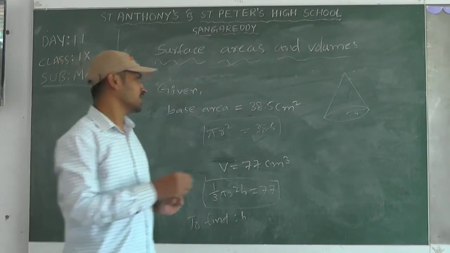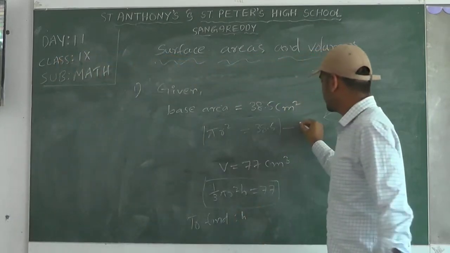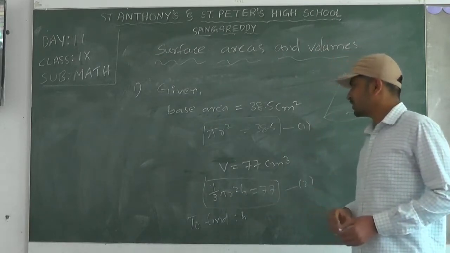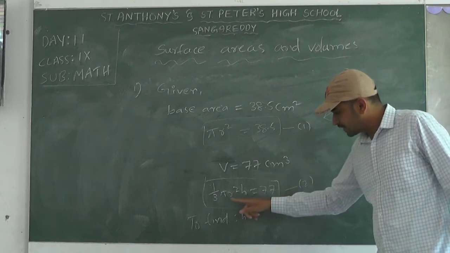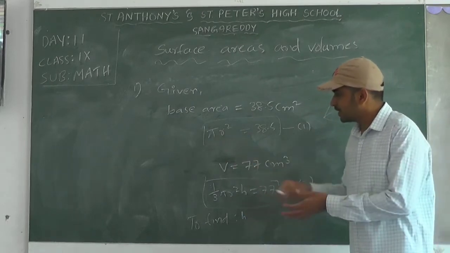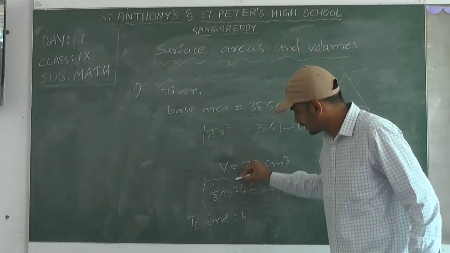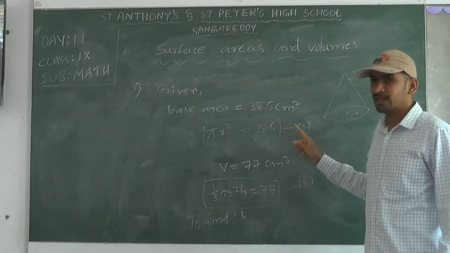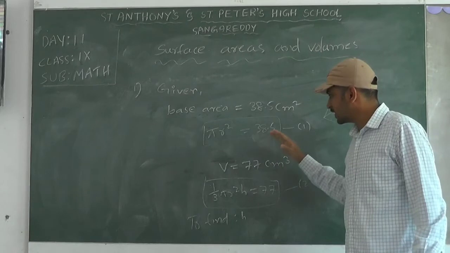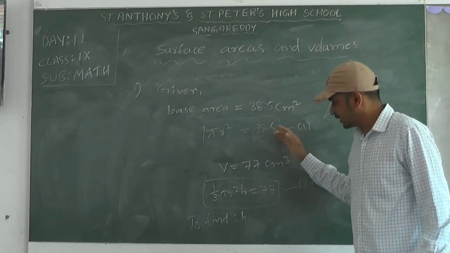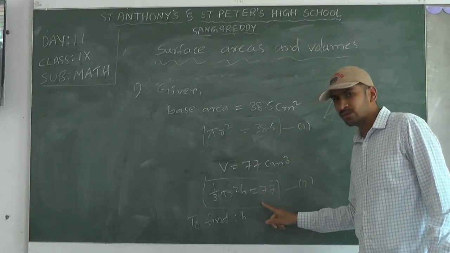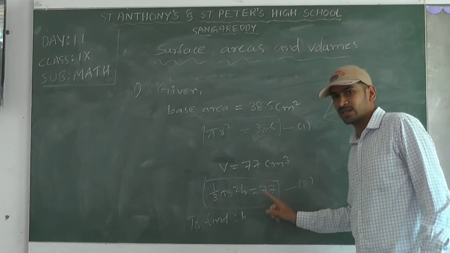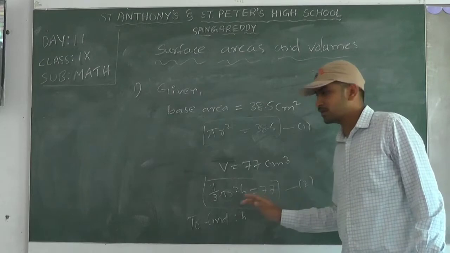Consider this as equation number 1 and this as equation number 2. If you observe closely, pi r square is here and pi r square is also in the second equation. From equation number 1, we can substitute pi r square as 38.5 in equation number 2. Is that possible to get the height of the cone? Yes.